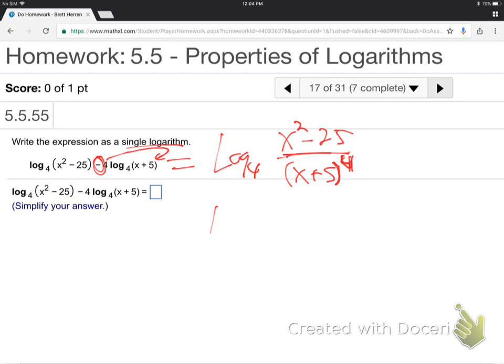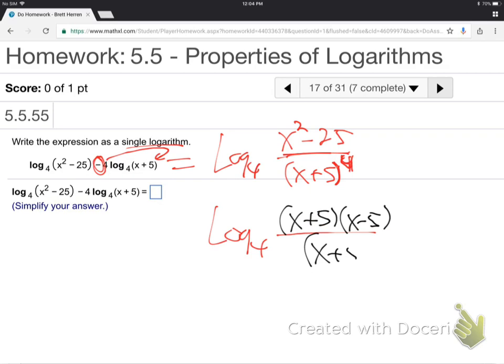Okay, now, that numerator can be factored: x plus 5, x minus 5. Right? When you factor that, we good to there? And then this cancels and leaves 3 of those on the bottom, huh?